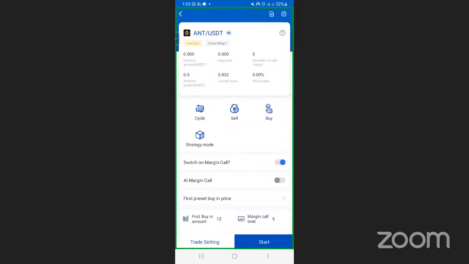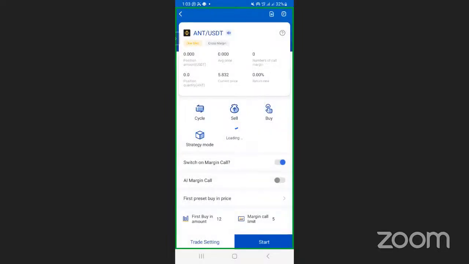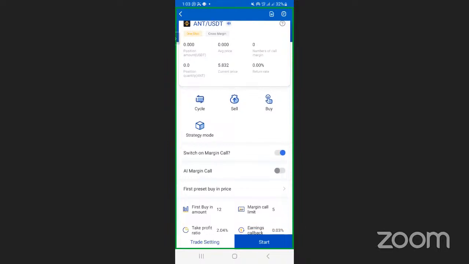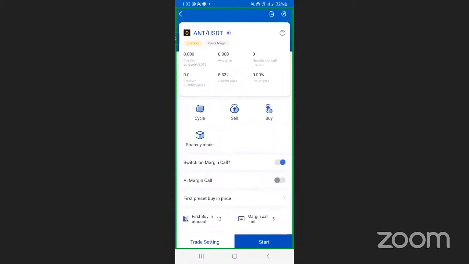And then the robot will be there on standby, just waiting for the price to hit your preset price, and then it will execute that trade.